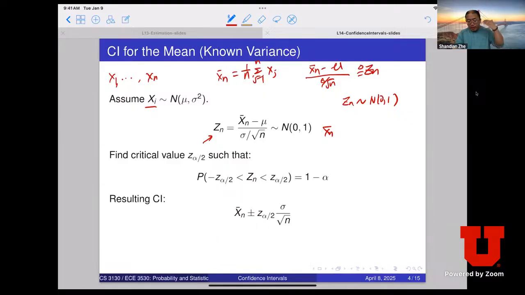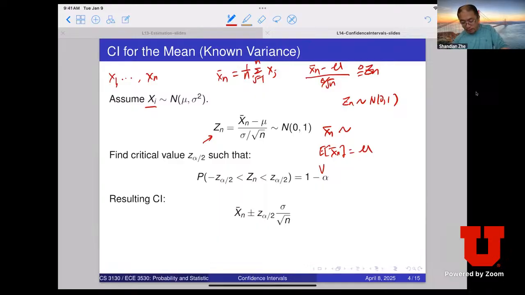So the sample mean Xn is a Gaussian random variable, and the mean of Xn is simply mu, right? It's just derived: the expectation of the sample mean is just the expectation of each individual random variable.